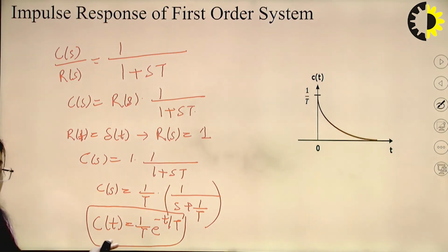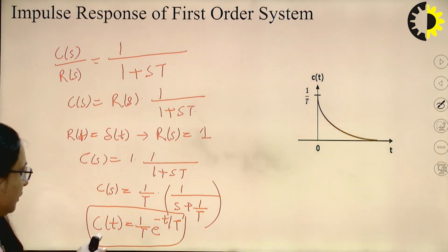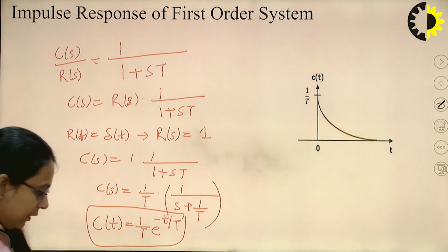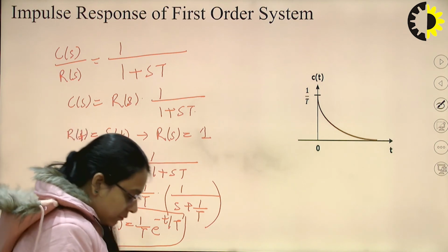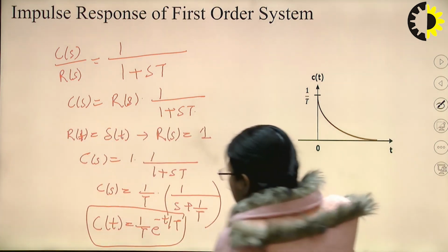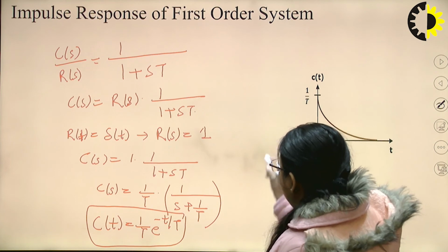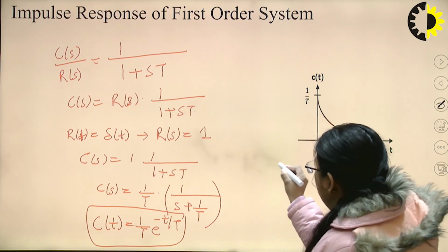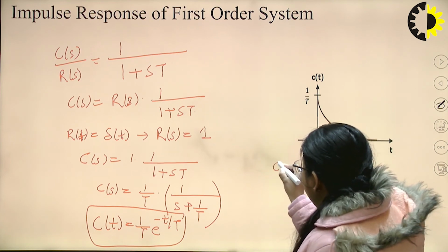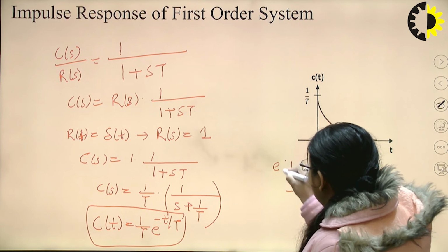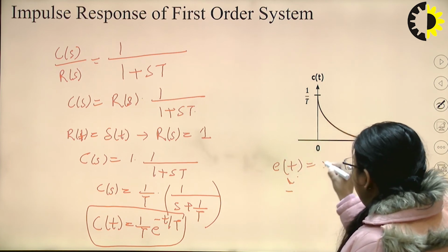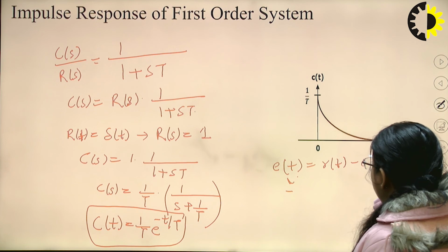Right, so c(t) is this, and similarly we can calculate the error. The error e(t) will be equal to r(t) minus c(t).